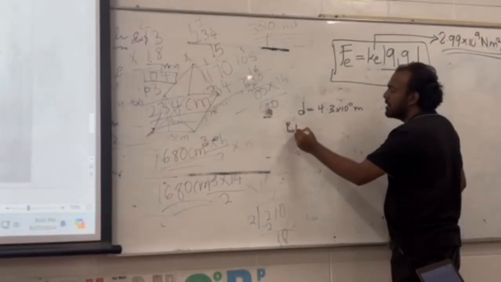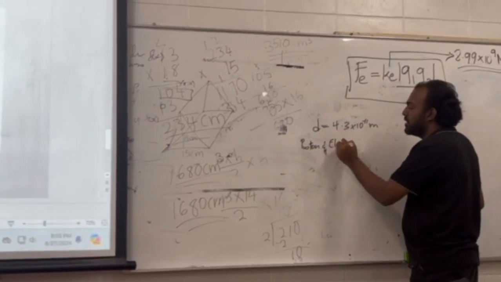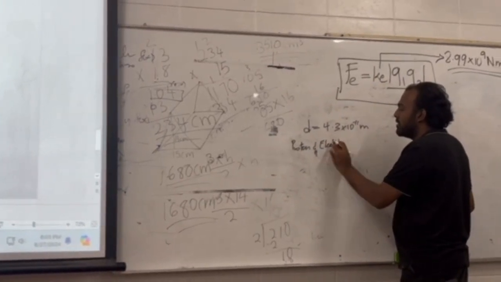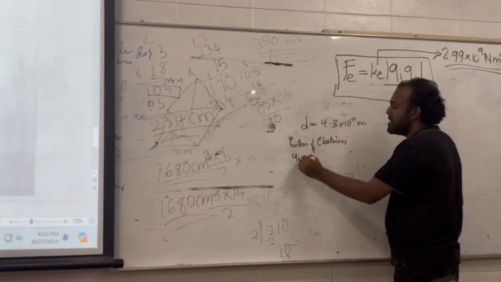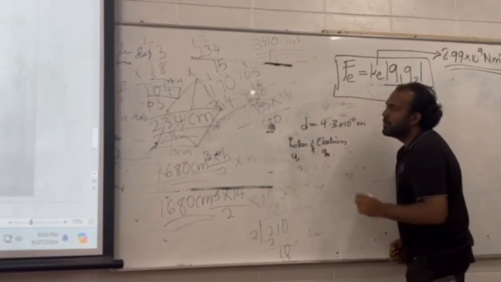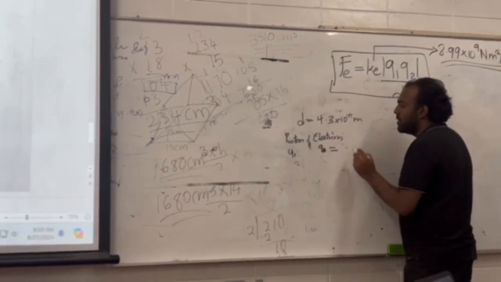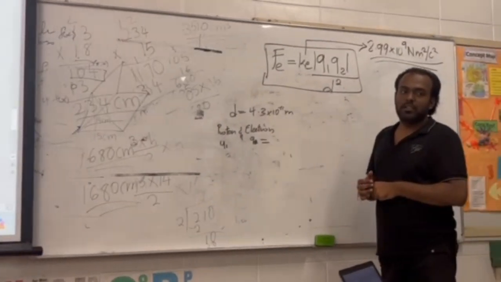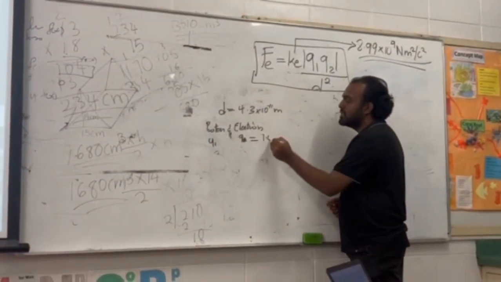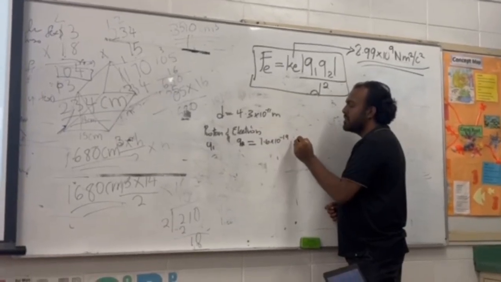So we have a proton and an electron. Your Q1 and Q2 equal, what is your proton and electron charge? 1.6 times 10 to the power of negative 19 coulomb.